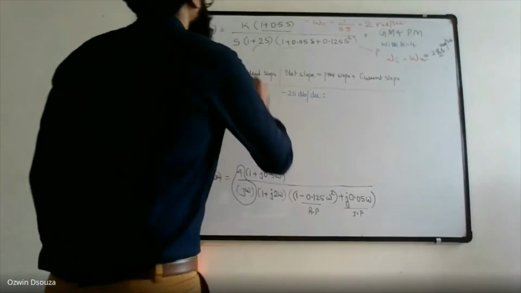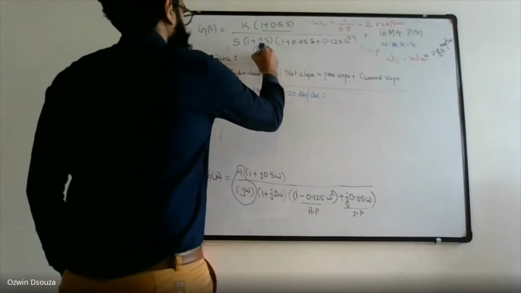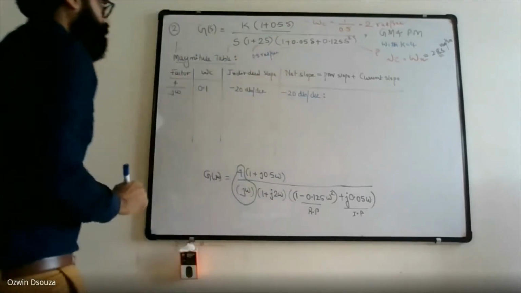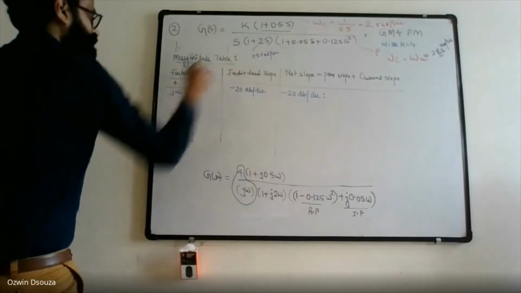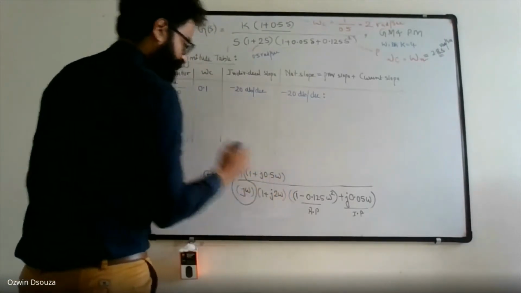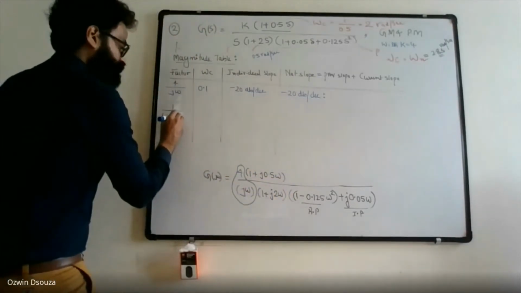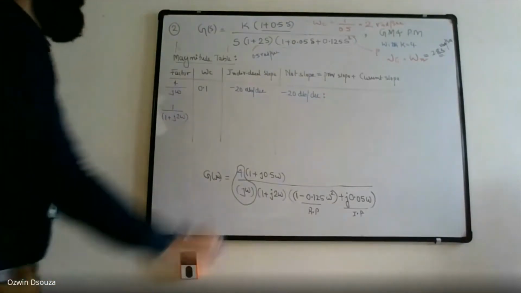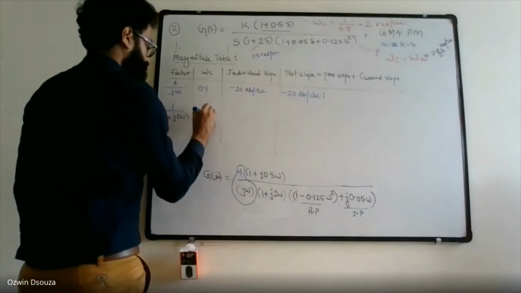Next factor is this, at 0.5 radian per second, the lowest remaining corner frequency. This is a first order pole, 1 divided by 1 plus j 2 omega, whose corner frequency is 0.5.